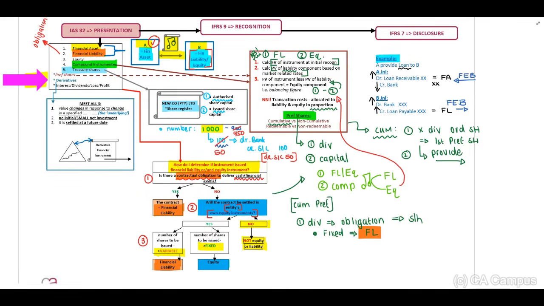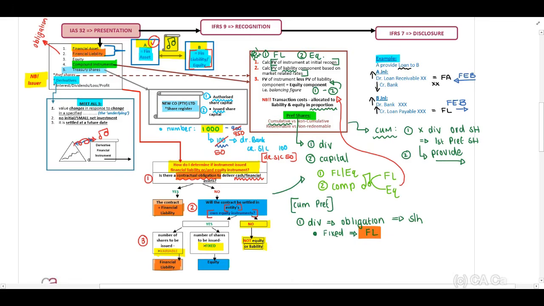Now I want to look at derivatives. What is a derivative? Now this is a financial instrument or contract that meets all 3 of the following characteristics. The first characteristic is that this financial instrument will change due to a change in a variable.